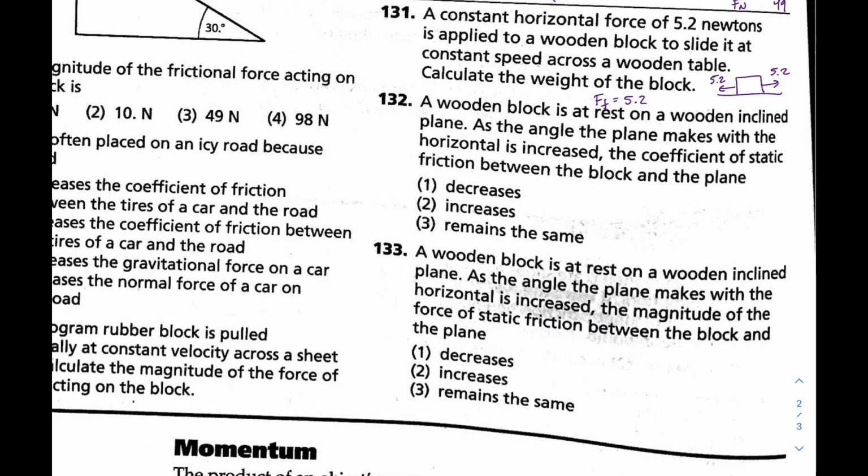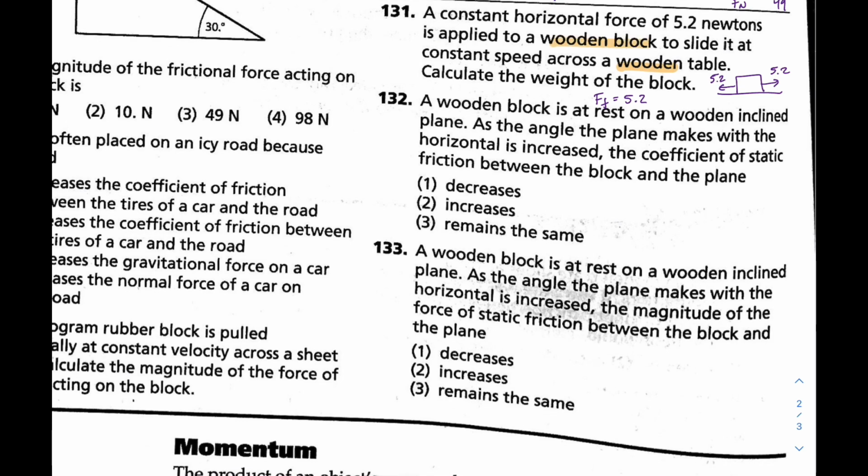And because we tell you that this is a wooden table and it's a wooden block, it means that you know what the coefficient of friction is. You know that mu is equal to 0.3. So finishing out that question, you're saying the force of friction is equal to mu times the normal force, and you know that this is 5.2 and the mu is 0.3.